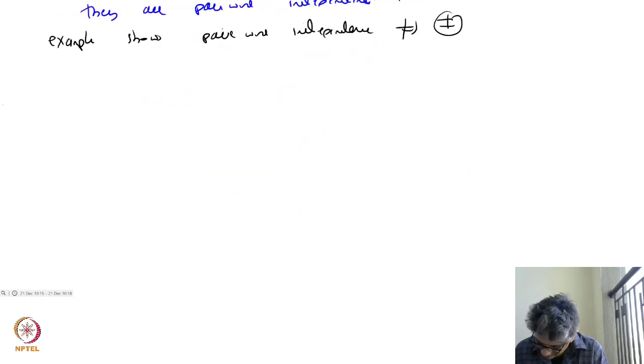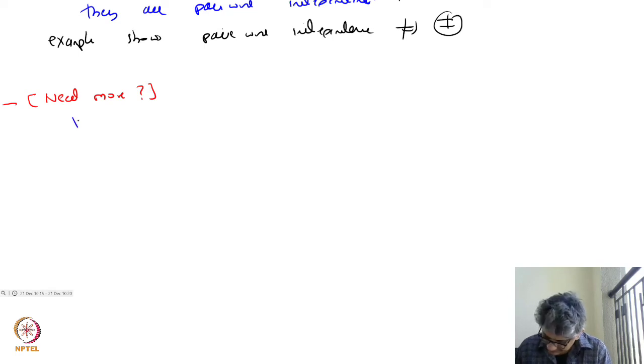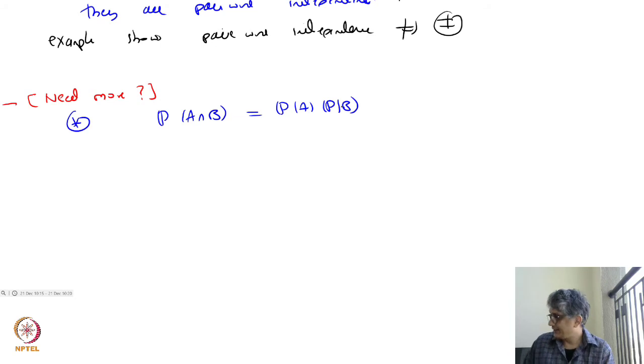So what is it that we need more? Star, which is probability of A and B equal to probability of A times probability of B, is actually 4 equations. Because from this, you can just check.